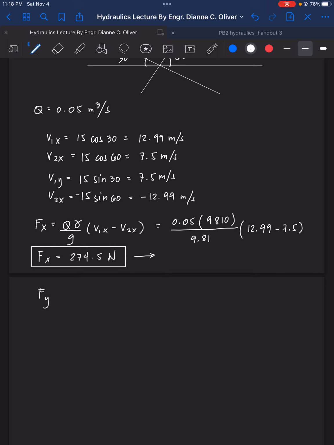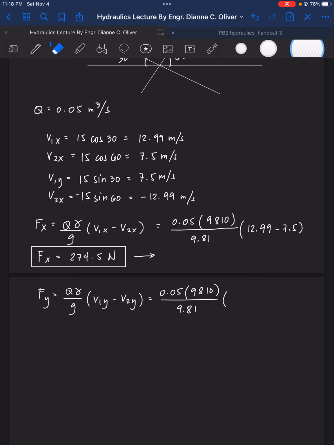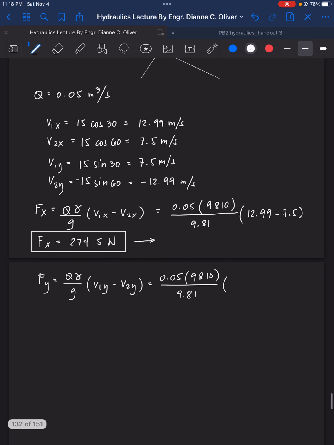Next, we have Fy equals Q gamma over g times V1y minus V2y. That is equal to 0.05 times 9810 all over 9.81 times V1y, which is 7.5, minus the V2y of negative 12.99.